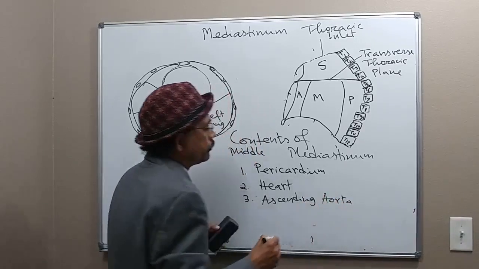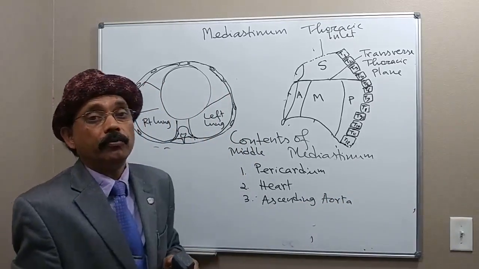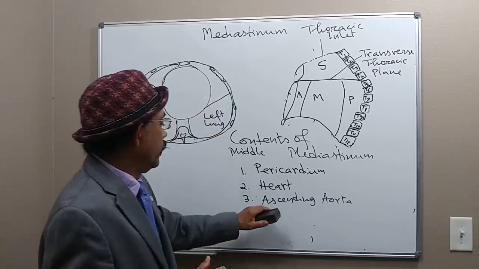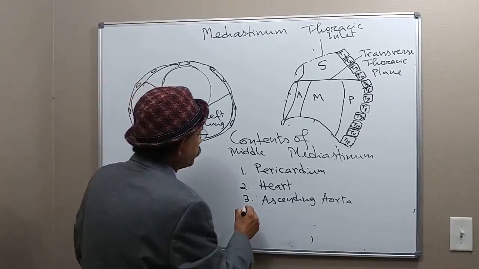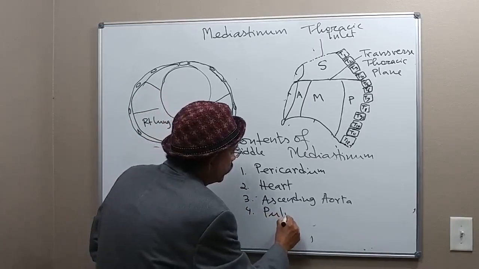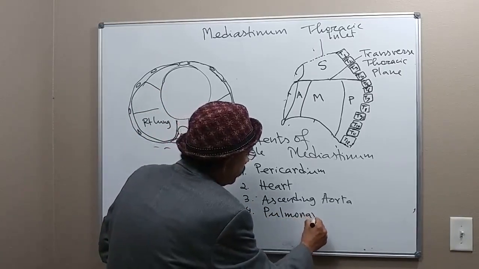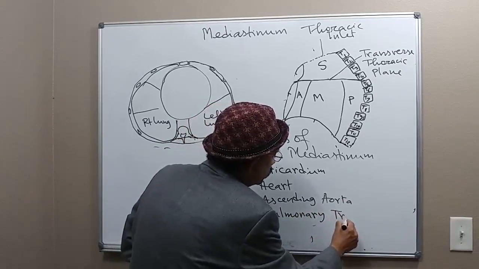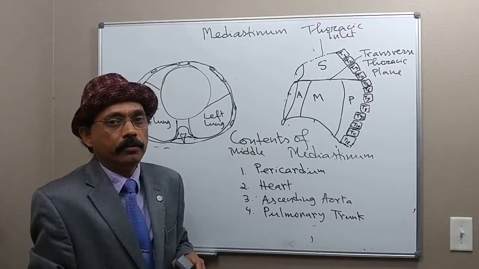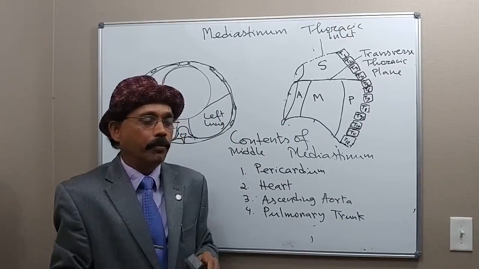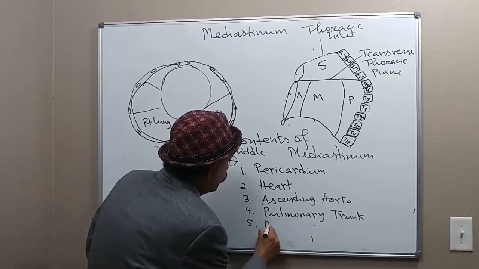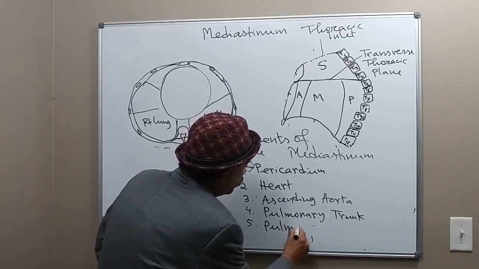We know the ascending aorta has two branches, the left coronary artery and the right coronary artery. We'll get the pulmonary trunk and its division, the left and right pulmonary arteries. We'll get the pulmonary veins.